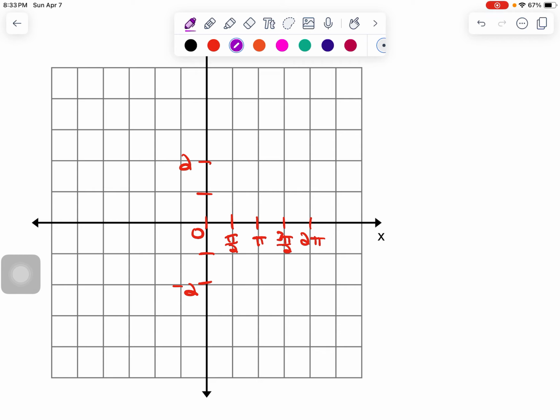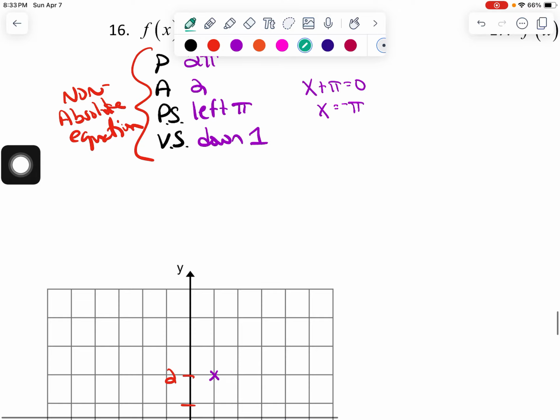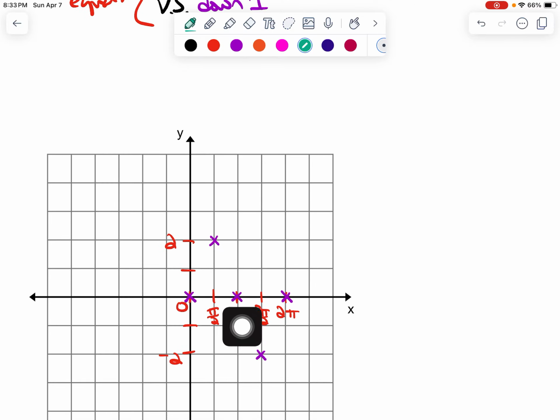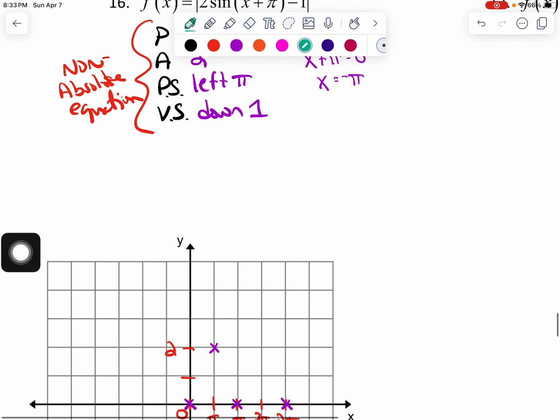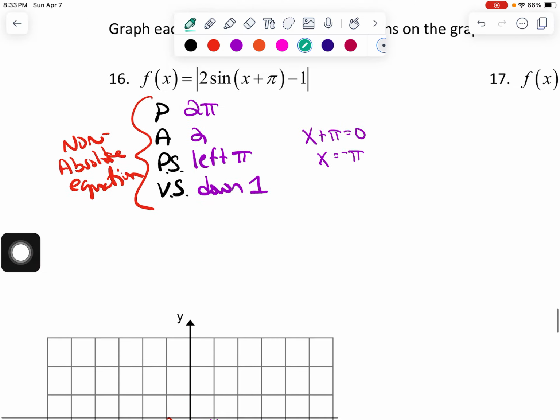Okay. Now all of these little purple X's are going to move. How are they going to move? Well, I need to move every one of them down 1 and left pi. Pi is 2 units from the origin, so that's going to be 2 spaces.